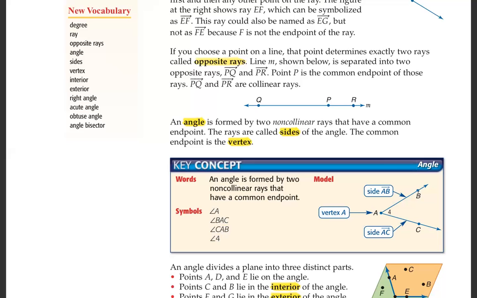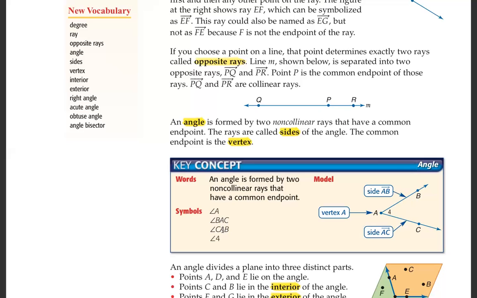The most specific way to name an angle is to name it using a three-letter combination. Like you see there, angle BAC and angle CAB. When you name it with a three-letter combination, you take one letter from this side, use your vertex, and get another letter from the other side. Notice that in this angle, both names have A in the center. Why is that so? Because A is the vertex.